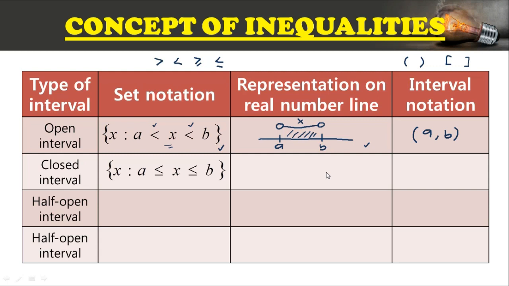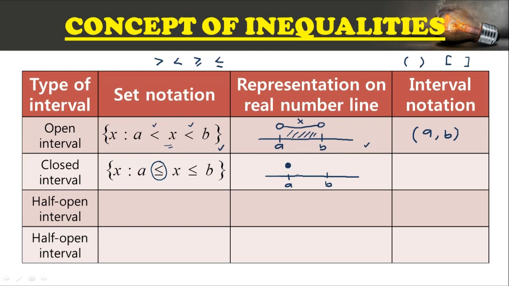So, let's draw the number line. Since bentuk dia sama dengan yang atas, so we have A and B. But for this one, our sign is less than equal. So bila ada equal, that means dekat A ni kita kena buat filled circle.